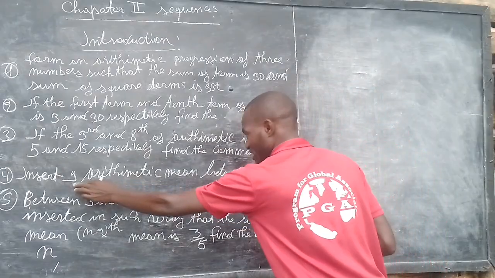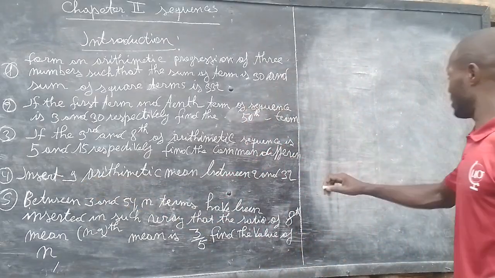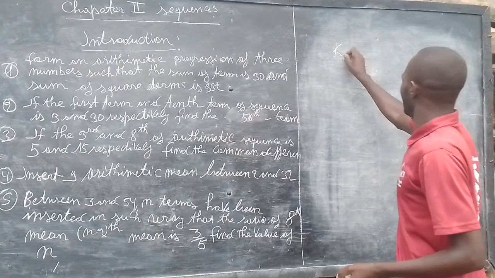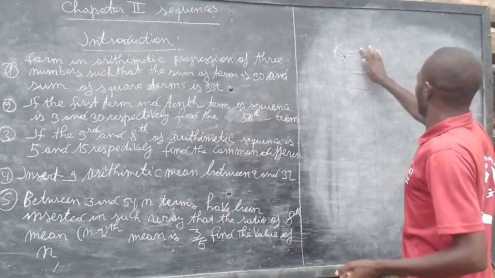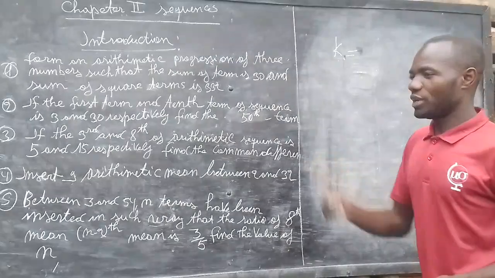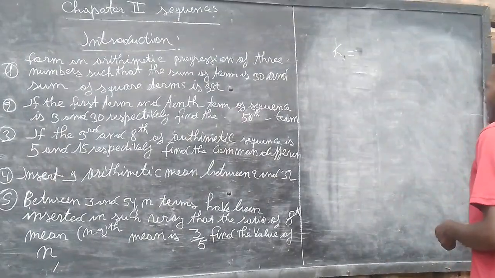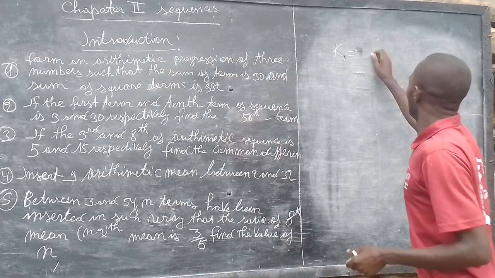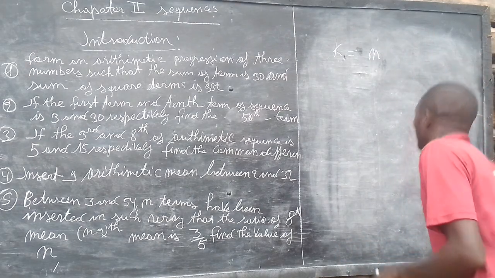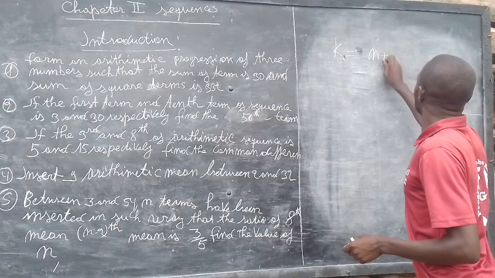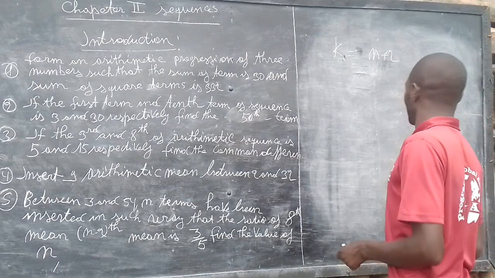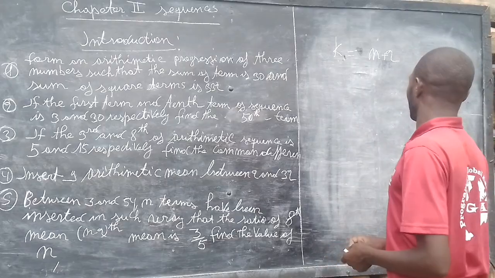If you take this 9, we have this K, wherever you will see it. K is equal to the number which we are asked to insert. K equal to N, K equal to N plus 2.